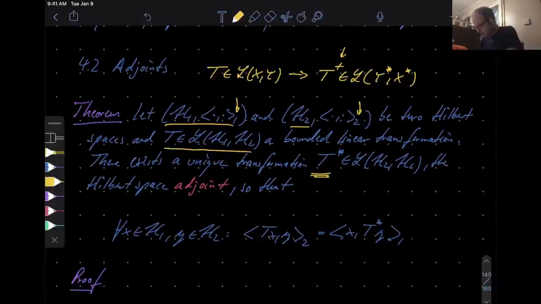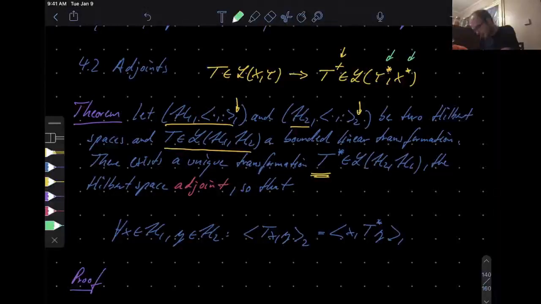It doesn't go from space 1 to space 2, but rather from space 2 to space 1, but no dual spaces up here. There's no H2 star as it was up in this world. Of course, since these are Hilbert spaces, remember Hilbert spaces are always isomorphic to their dual spaces, so maybe that's the reason why there's no star, but okay, let's keep going for the moment.